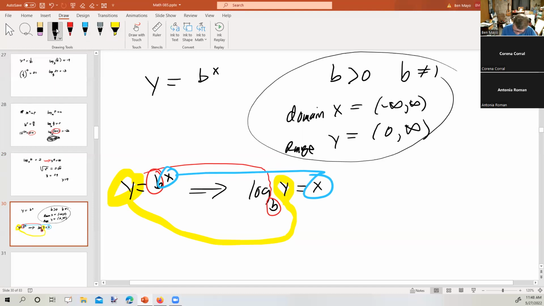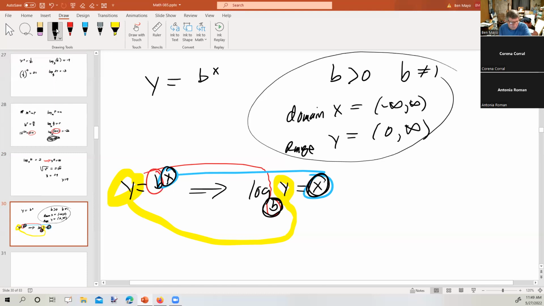What does that mean? Well, let's go back to b. B has to be greater than 0 and not equal to 1, right? So that means right here, log base b, b has to be greater than 0 and not equal to 1. X, the exponent, can be any real number. So the answer over here of the log can be any real number.